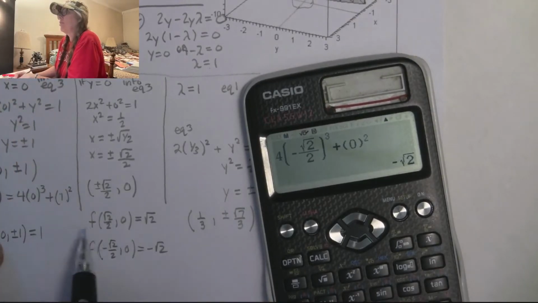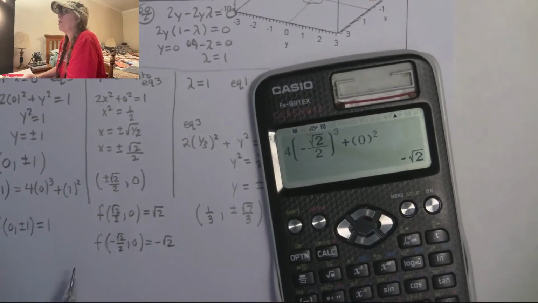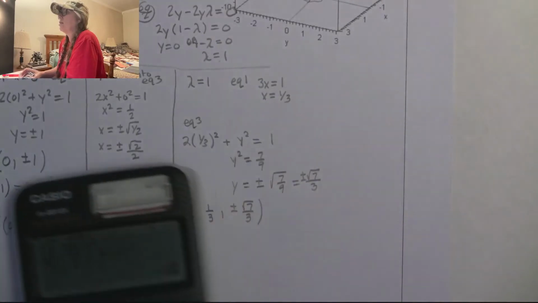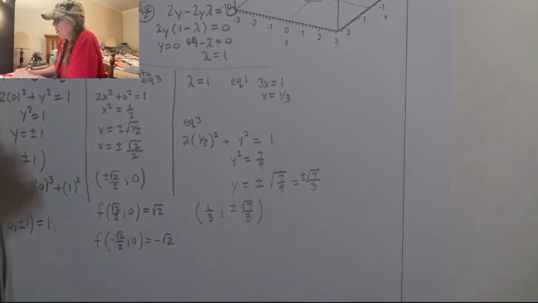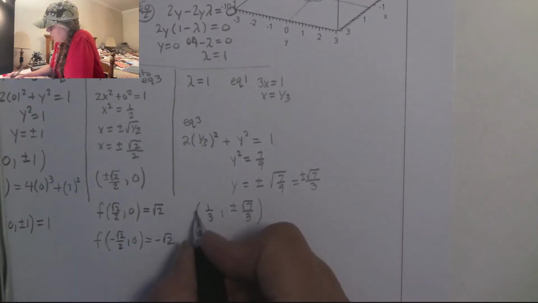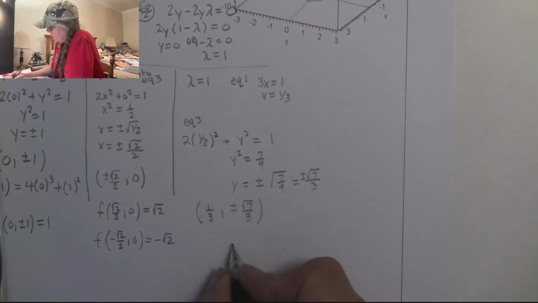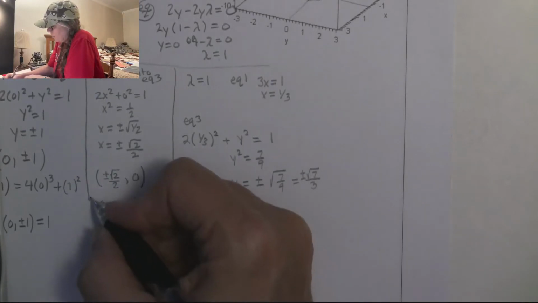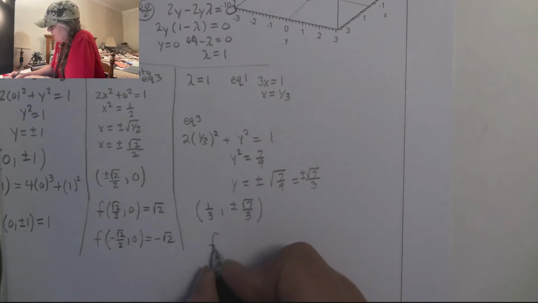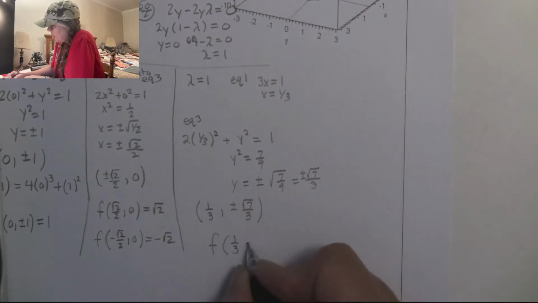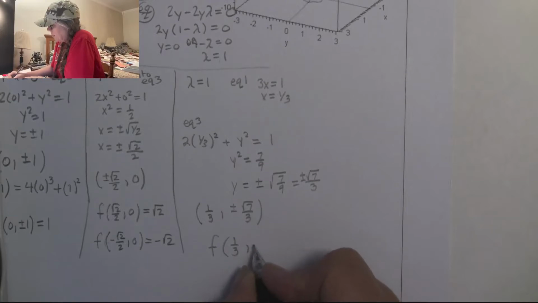So I have these three so far that I'm looking at, which one is the lowest, which one is the highest. And square root of 2 is around 1.4. And then I want to do this one here as well for this point. So I've got these sectioned off here, f of 1/3, and then it doesn't matter because y is squared.